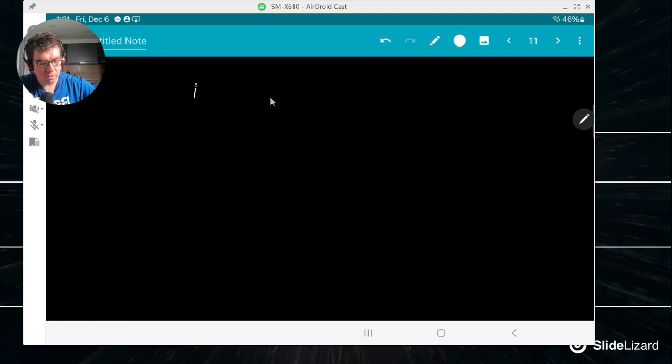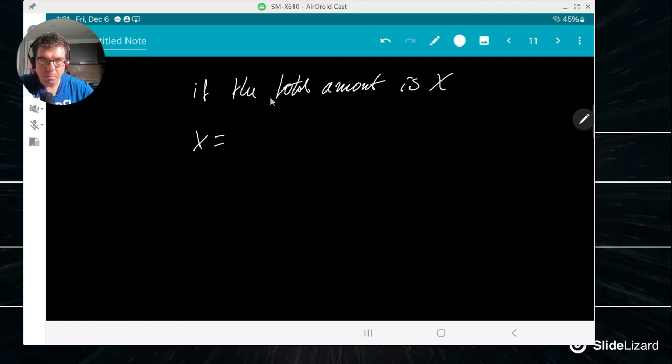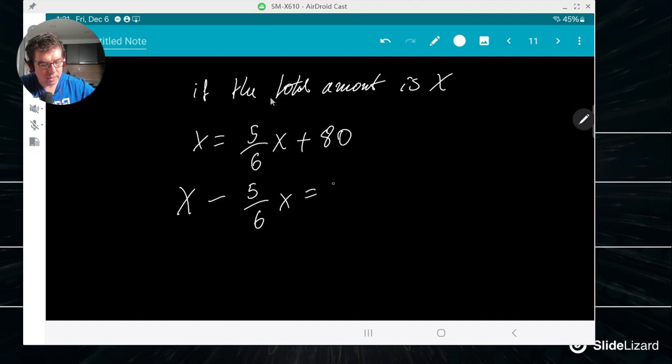So if the total amount is X, okay, X would equal the reserved seats plus the unoccupied seats. So the reserved seats are 5/6 of X of the total amount plus 80. So if I move X to the other side with minus, I get X minus 5/6 X equals 80.